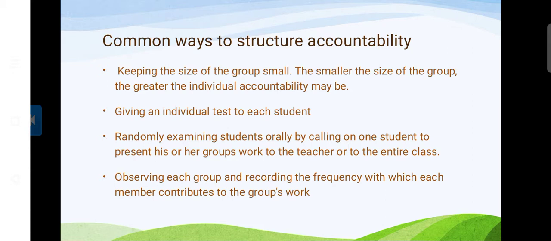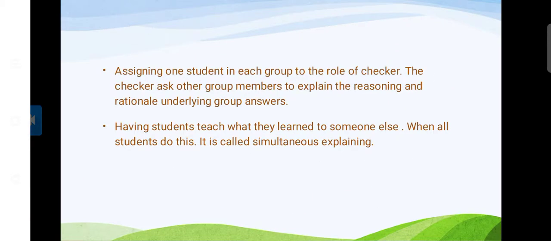Observing each group and recording the frequency with which each member contributes to the group's work. Assigning one student in each group the role of checker. The checker asks other group members to explain the reasoning and rationale underlying group answers. Having students teach what they learned to someone else. When all students do this, it is called simultaneous explaining.